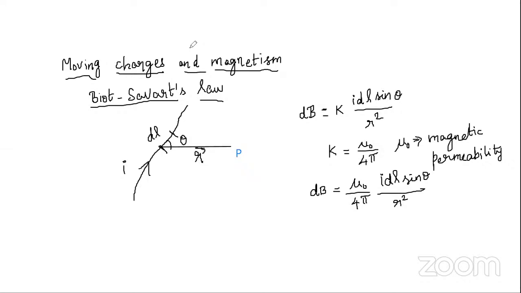Now we can write the expression for a magnetic field due to a straight conductor carrying current. We can find the expression for this magnetic field, and for that I will be opening a new page.